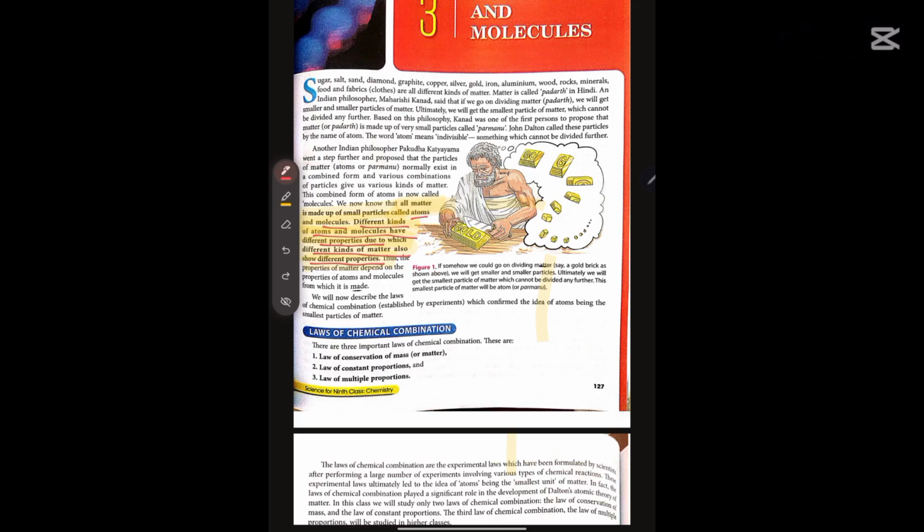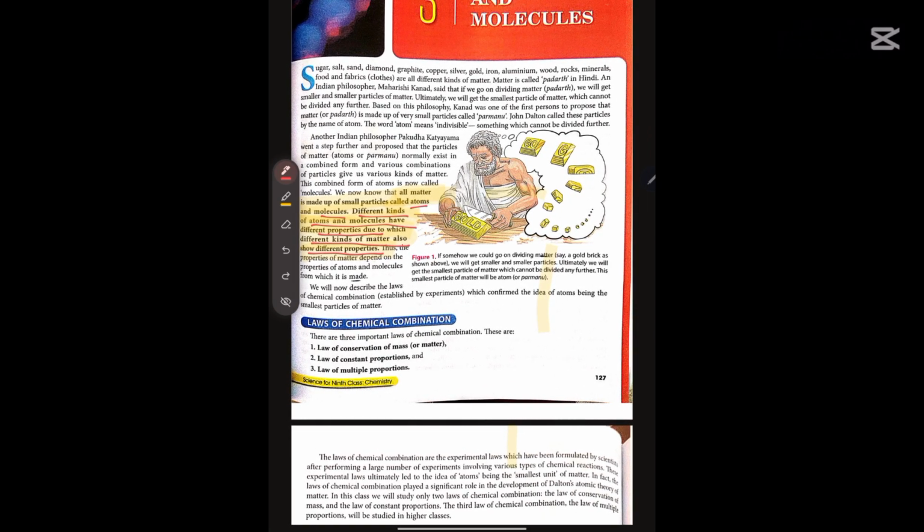The particles making the solid, liquid or gas have different properties, due to which the matter exhibits different properties. The atoms of different types of matter are different and show different properties.